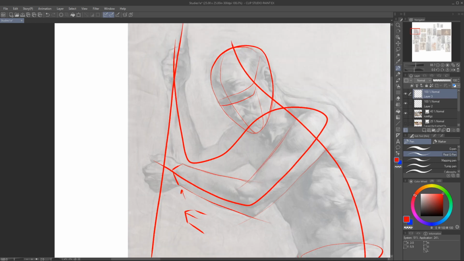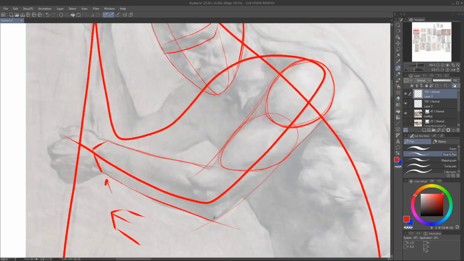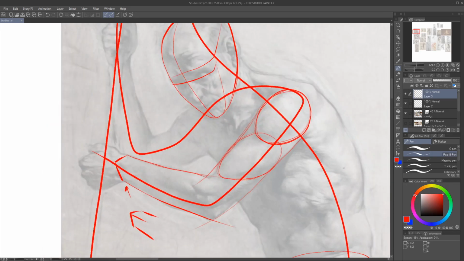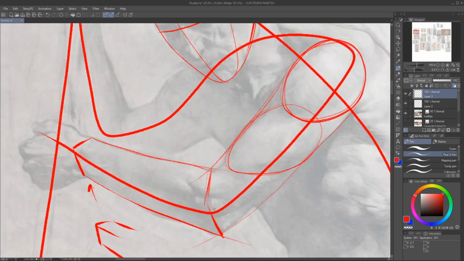I take those, and I think about adding these kind of spherical organic forms in here for the muscles, keeping it simple, looking at what they were drawing underneath here a little bit, thinking about how the 3D form is on this elbow joint, for example.